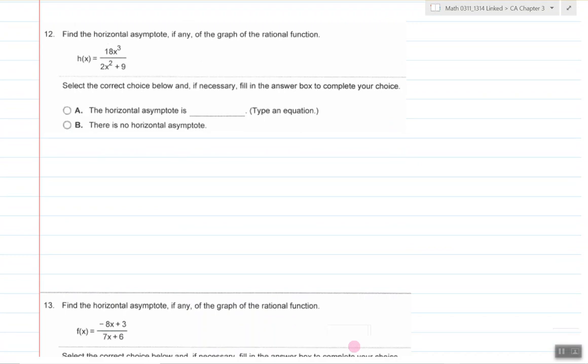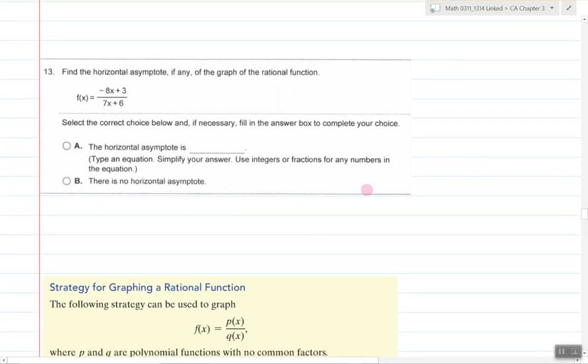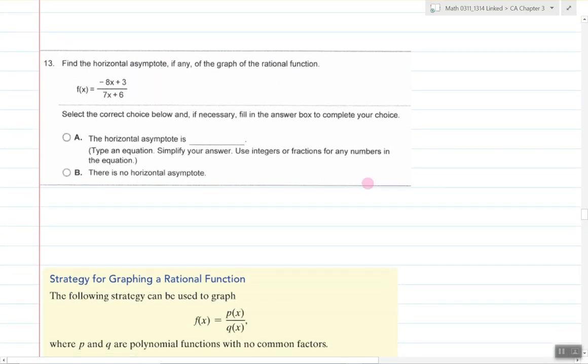Find the horizontal asymptote here. The degree of the numerator, which I've been calling n, is 3. The degree of the denominator is 2. Because n is greater than d, there is no horizontal asymptote. In a few minutes we may talk about, well, is there something else? Number 13. Find the horizontal asymptote.